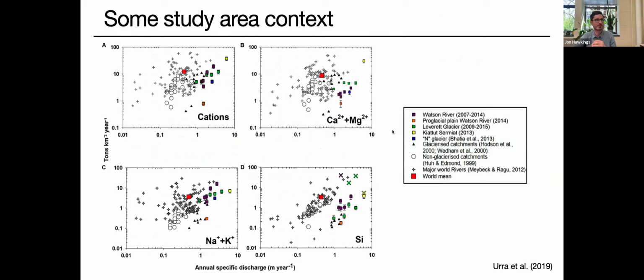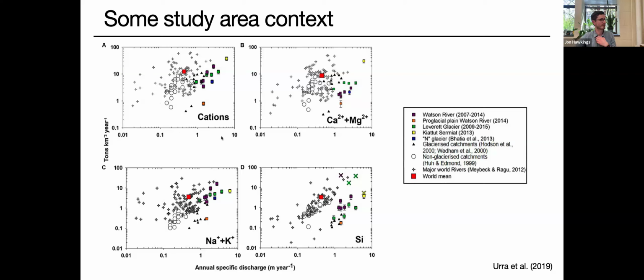So in terms of bulk geochemistry, I just wanted to put this figure on here to give you some idea already that these areas, these glaciers, these ice sheet catchments can actually chemically erode quite significant loads of cations. On this top left-hand corner, we have tons per kilometer squared, the yield of this total cation yield.